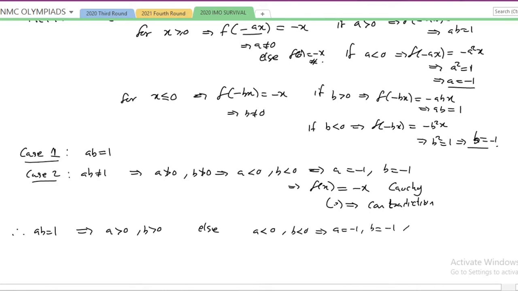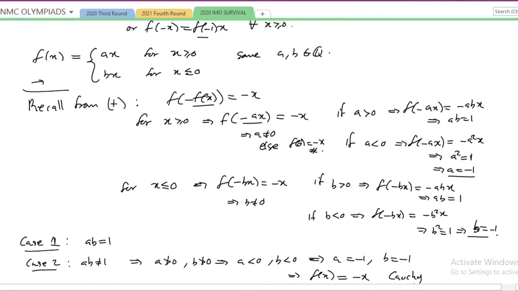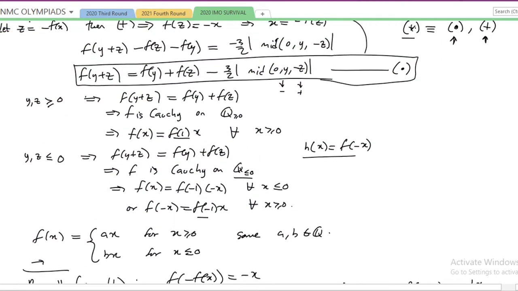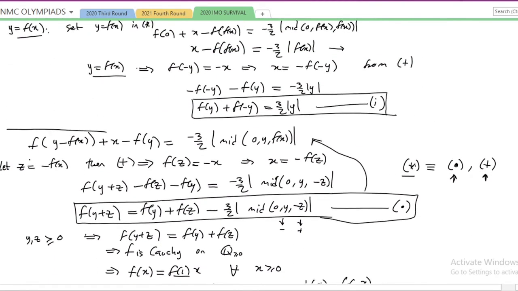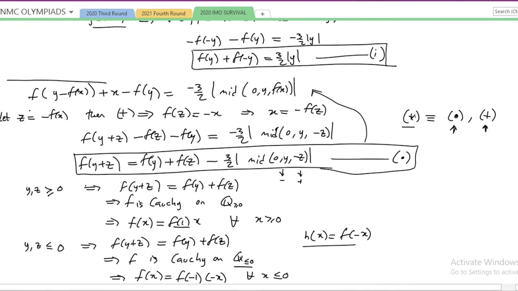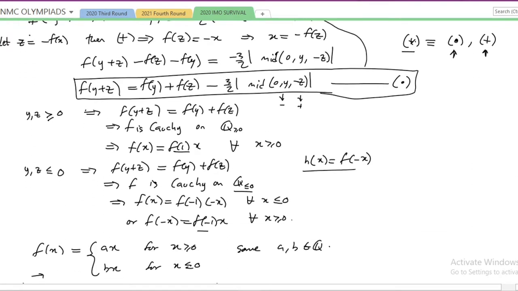It doesn't work, right? So definitely they have to both be positive, and so they're just reciprocal, so b is 1 by a. Okay, so now that's for plus. Now look at dot. Let's see what we can get.